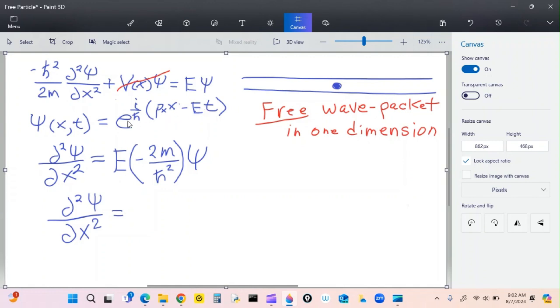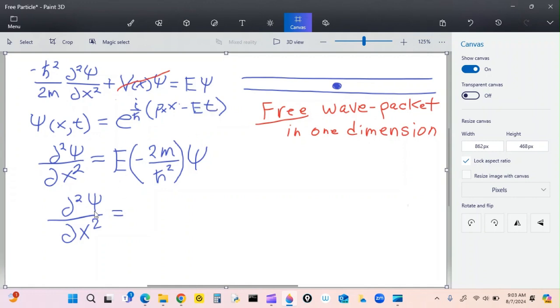Now remember, when you take the derivative of an exponential like this, you get that exponential back times the derivative of the power. So the derivative is just going to be this constant i over h bar p_x. And this one, because it has no x in it, that's just going to be 0.